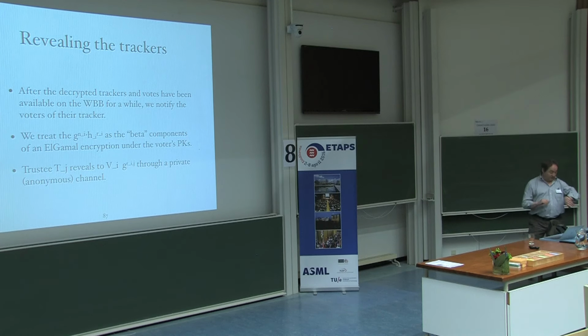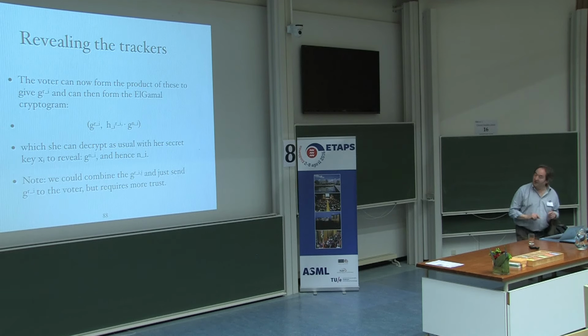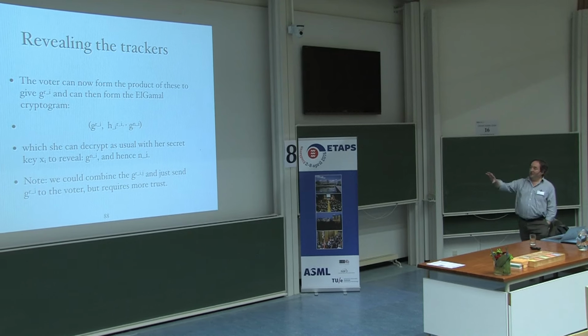And let me just now try and wind up in the next minute or two. This I think is the nice bit. So now we need to notify the voters of their real tracker. And what we actually do here is we send to the voter the g to the r_i term.